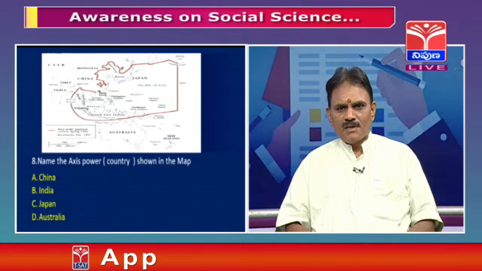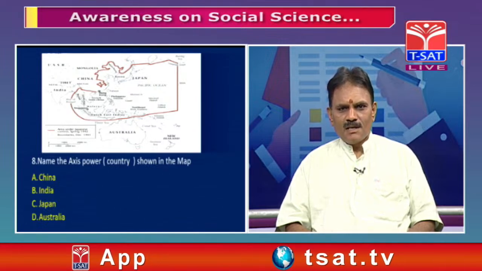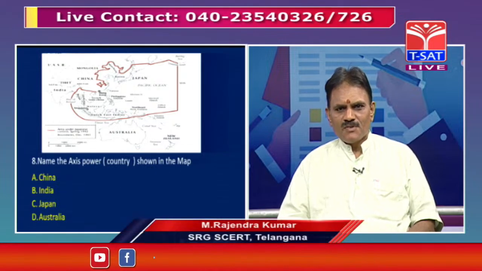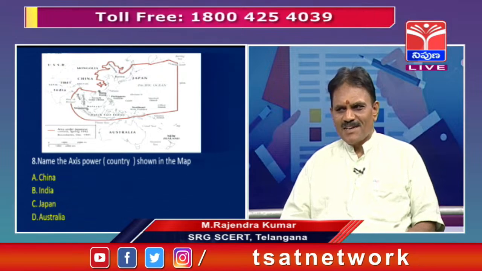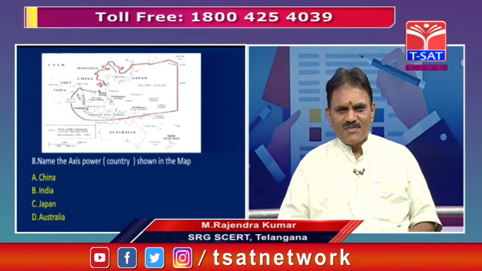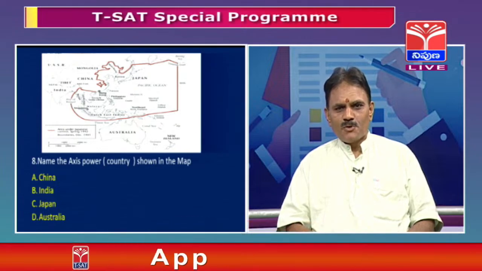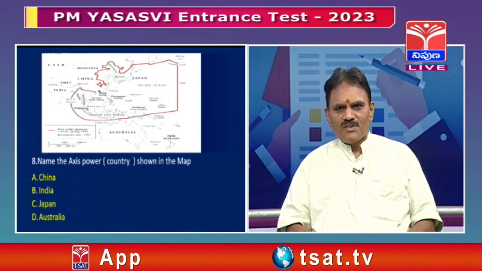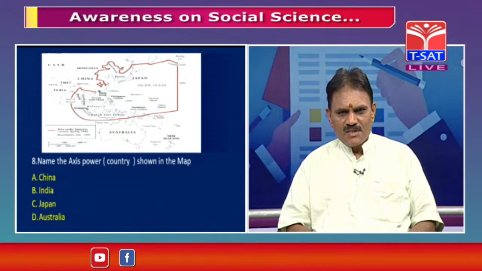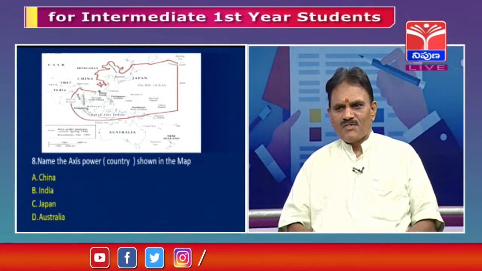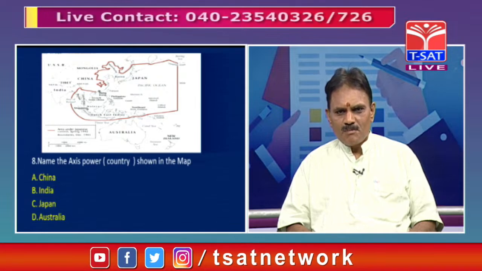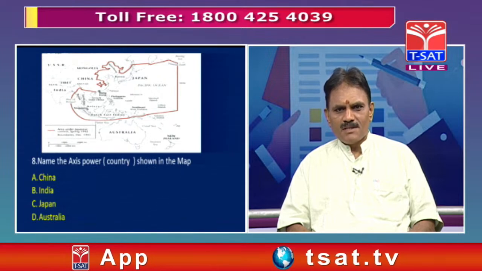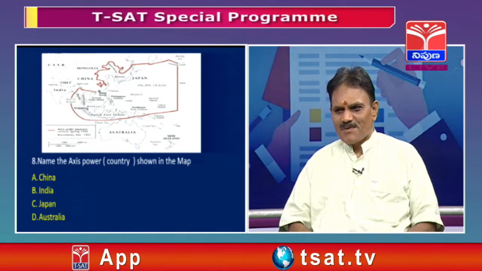Of course, the clear marking seen here will not be there in the examinations; in the original it is there only for the purpose of understanding how Japan started occupying during the World War and how much area it occupied. The map is designed for that understanding. It is added for the purpose of explanation, but in the real examination I don't think this type of thing will be there.